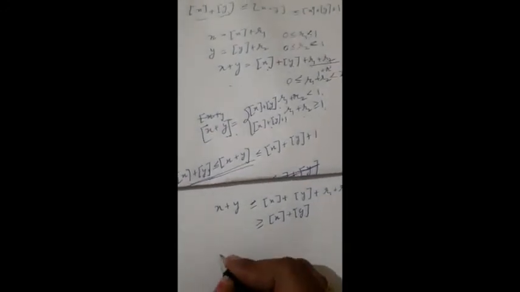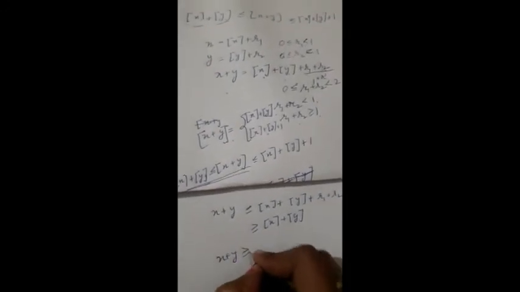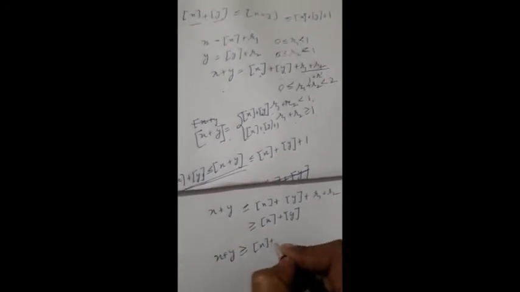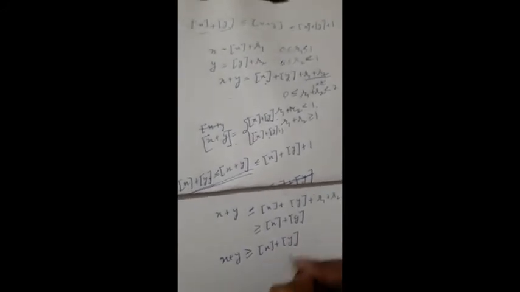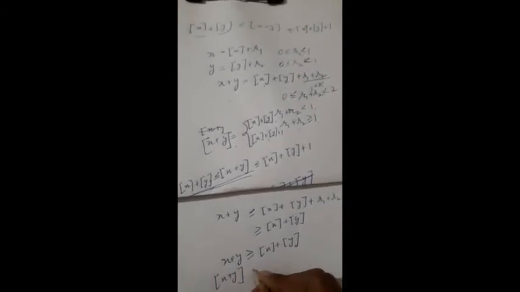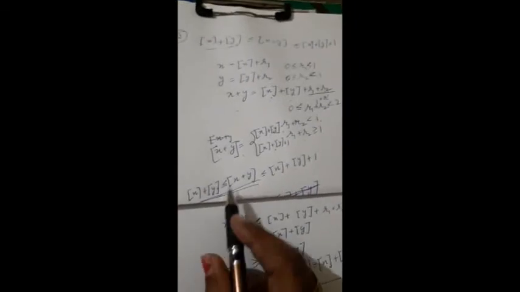Therefore x plus y is greater than or equal to greatest integer x plus greatest integer y. Taking the greatest integer on both sides, we get greatest integer of x plus y is greatest integer of greatest integer x plus greatest integer y, which, since it is an integer, is equal to greatest integer x plus greatest integer y. The same thing can be proved in this way also.